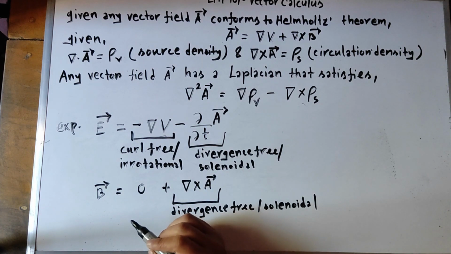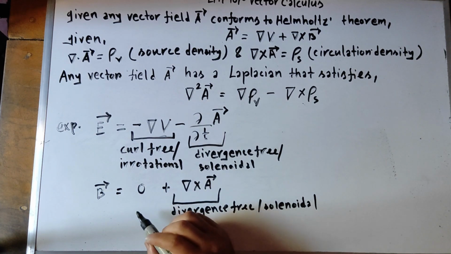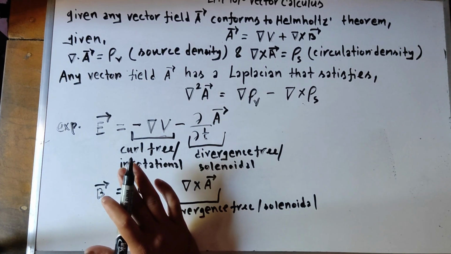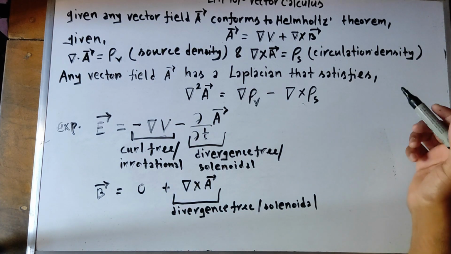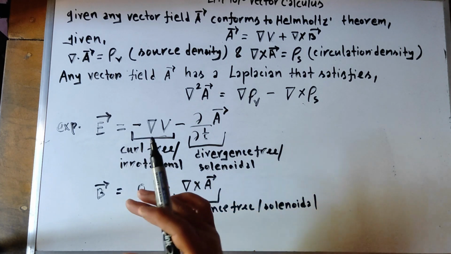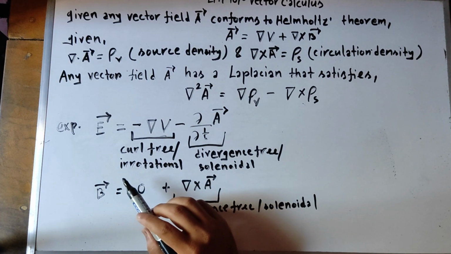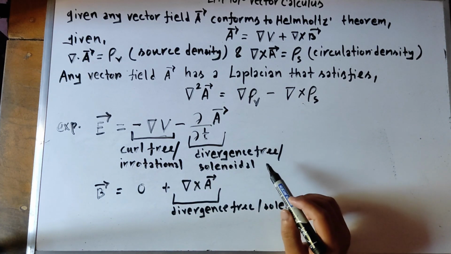So there's no divergence or convergence in magnetic fields. So the resulting field is always without a curl free or irrotational part. There's only the solenoidal part, the divergence free part. But the electric field on the other hand has a source density part and also a circulation density. So in the time varying case, the electric field can have both an irrotational part and a solenoidal part.